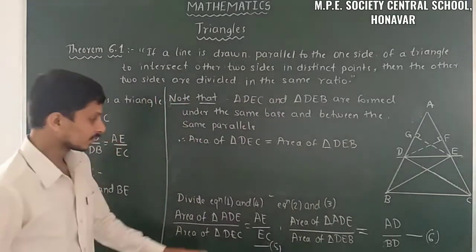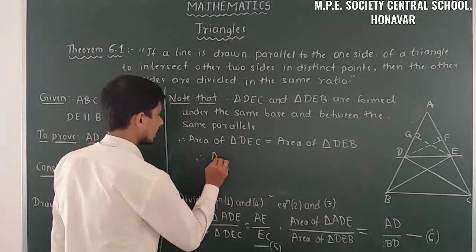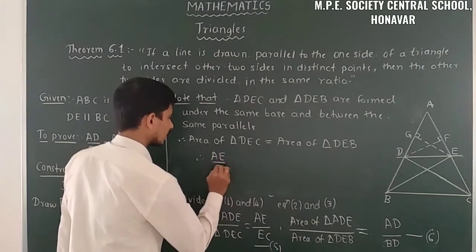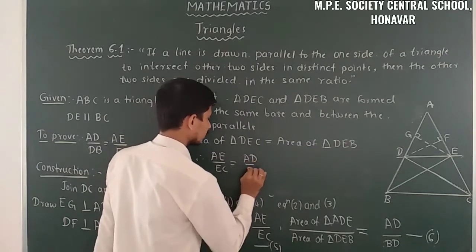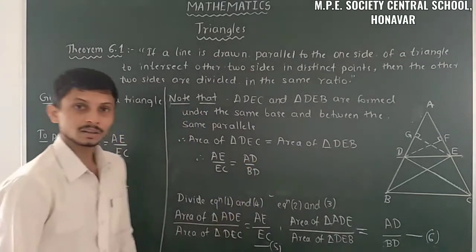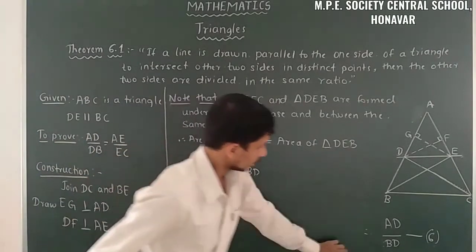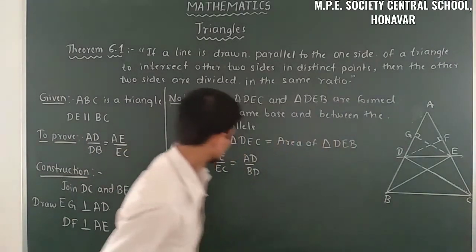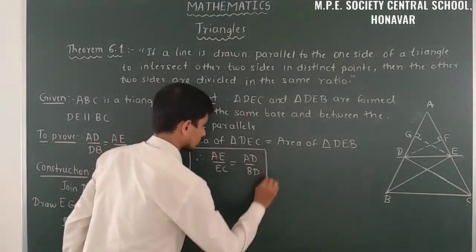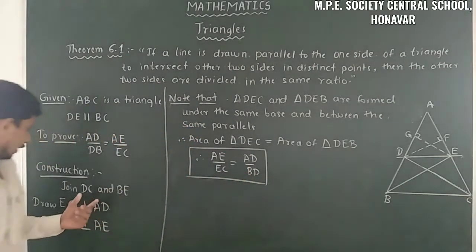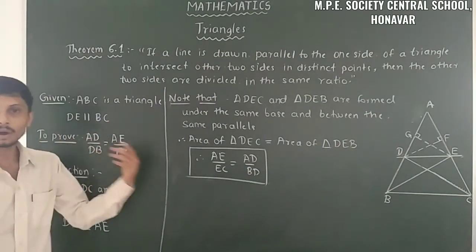So that's why we can write AE by EC. Therefore, AE by EC is equal to AD by BD. So this is our required proof. That is AE by EC and AD by DB or BD.